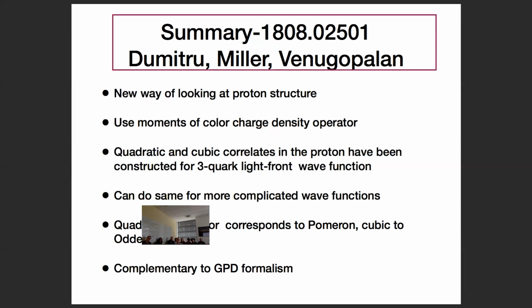One could have more complicated wave functions and do more. We think that the quadratic correlator corresponds to the pomeron and the cubic to the odderon. And I think this is complementary to the GPD formalism. It's a different way of looking at it, and maybe it can be developed into a more realistic picture.